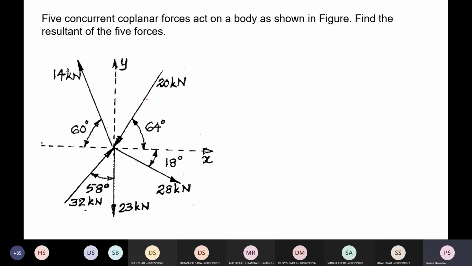So I'm going to write the resolution: 20 cos 64, 20 sin 64, 14 cos 60.